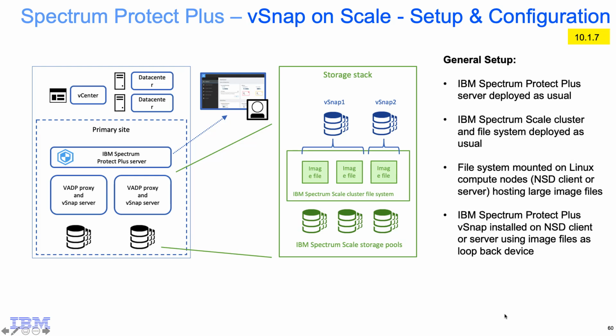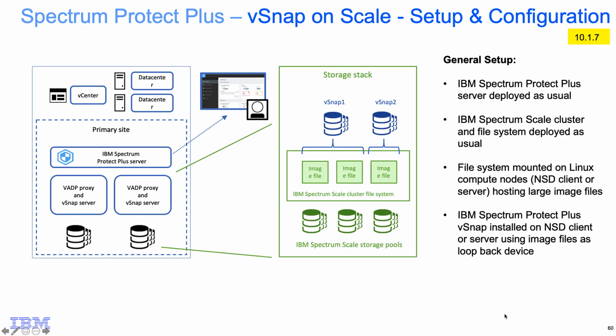And this is some information about how the setup and configuration is going to work. As a general rule, you're going to set up IBM Spectrum Protect as you would usually using the blueprint sizer.